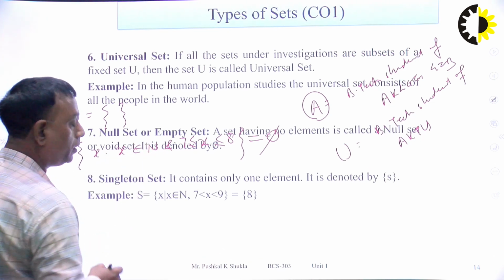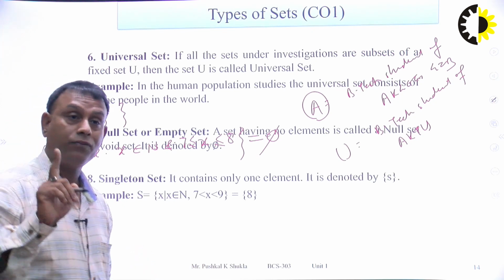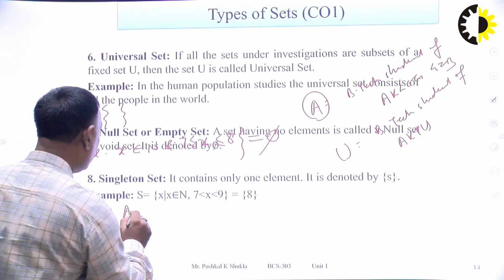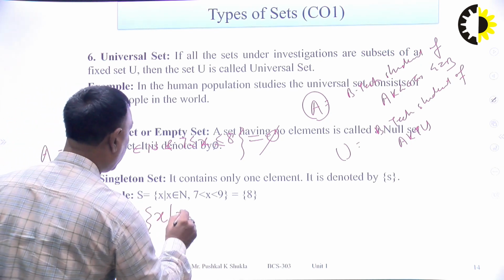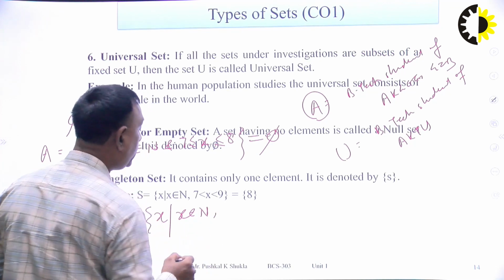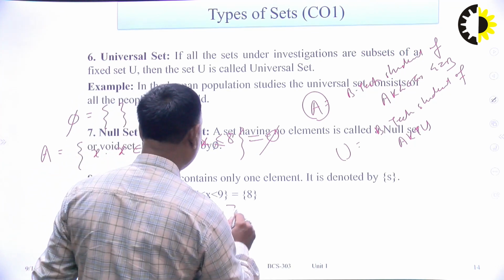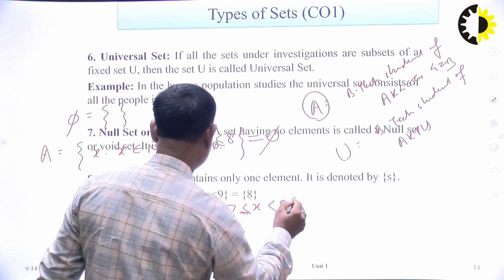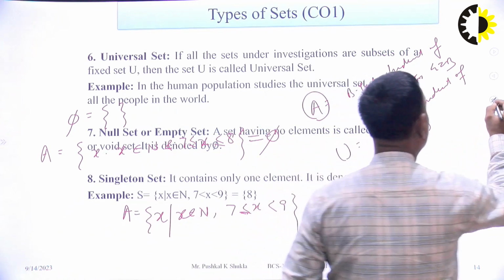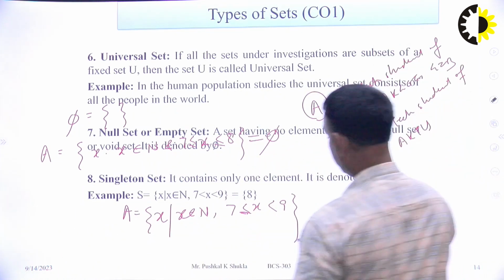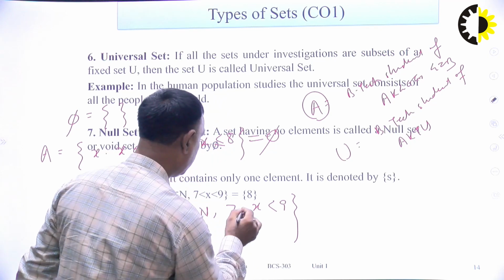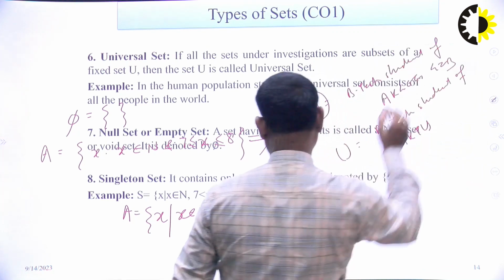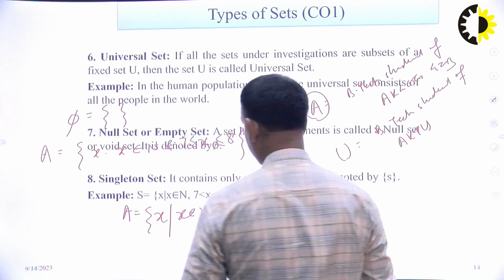Singleton set: a set having only a single element is known as the singleton set. For example, set A equal to {x such that x is an element of N and x lies between 7 and 9}.